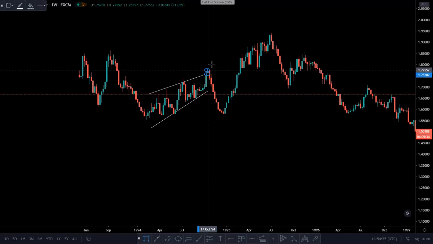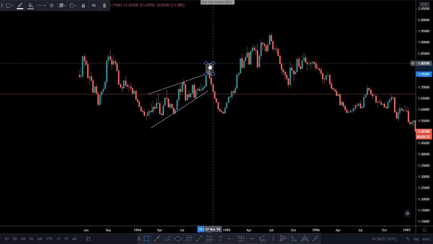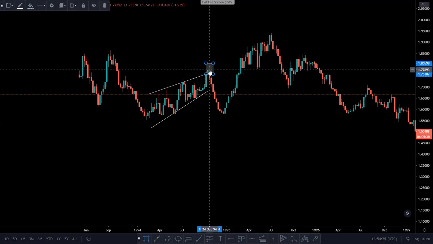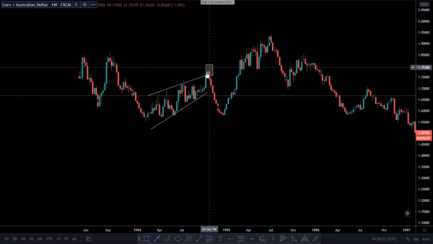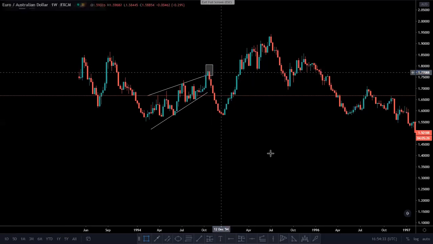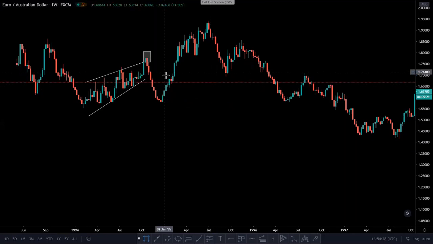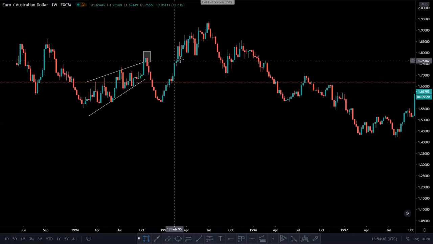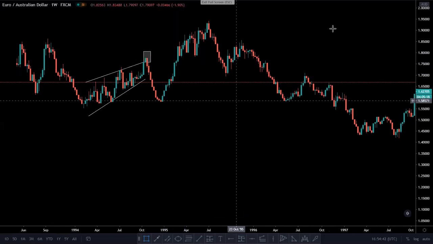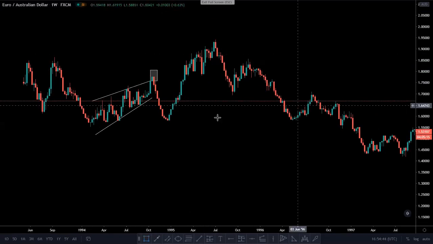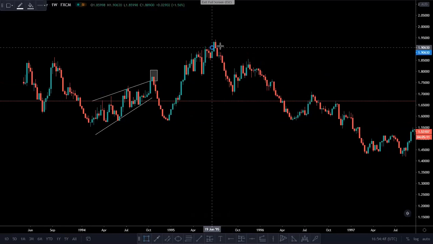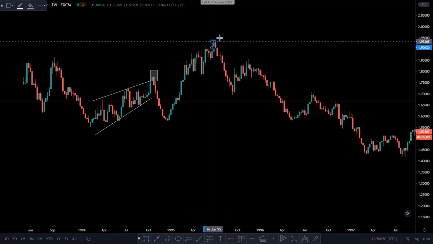Then it dropped and then market price breached the previous high, and the uptrend was continuing. Then we formed a new high here. You can see the peak. This is the peak.